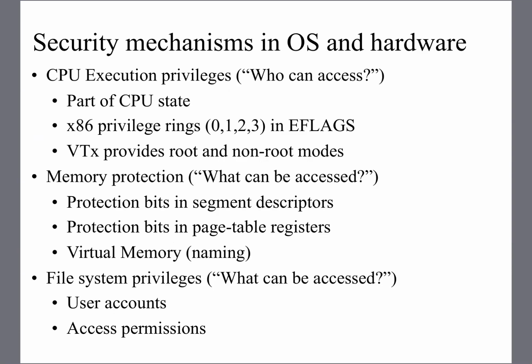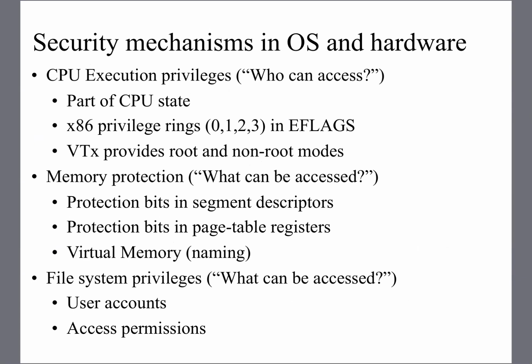So we have looked at many security mechanisms already. Actually, the key role of the operating system is to maintain system security. And we have looked at it from the CPU, memory, and file system levels. At the CPU execution privilege level, we have looked at privilege rings.